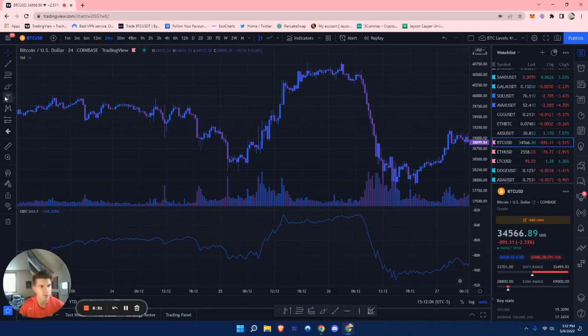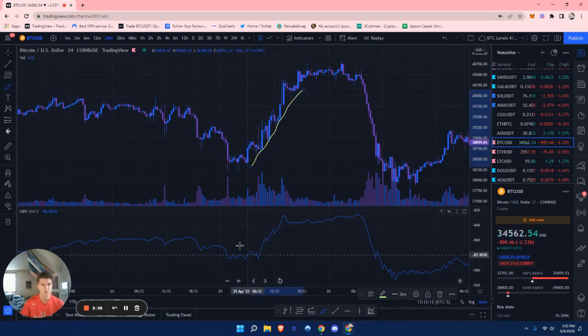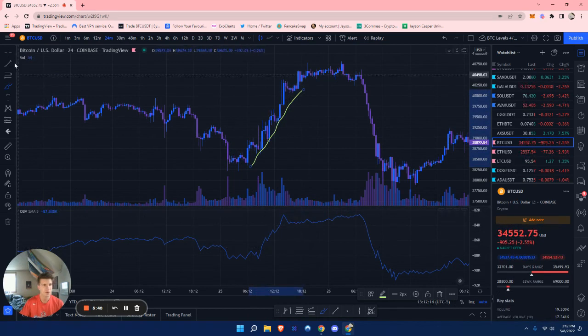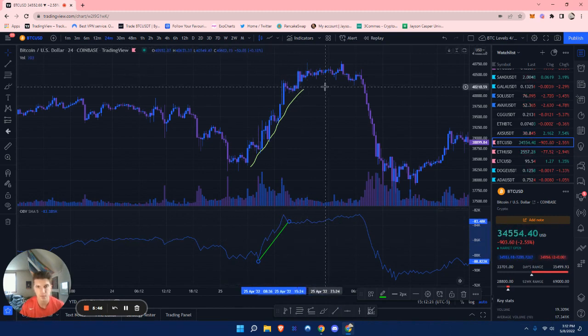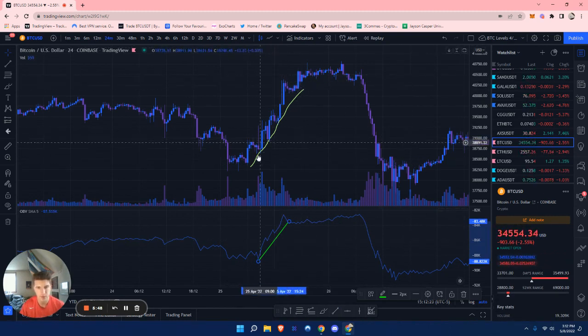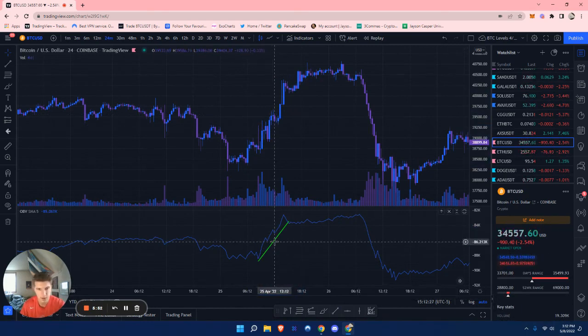This is an example where we're getting higher highs in a trending uptrend as on balance volume is coming up, so a trend line is necessary for this. You would just connect it like that, and here you can see price drop down. This was a clear example of an uptrend.